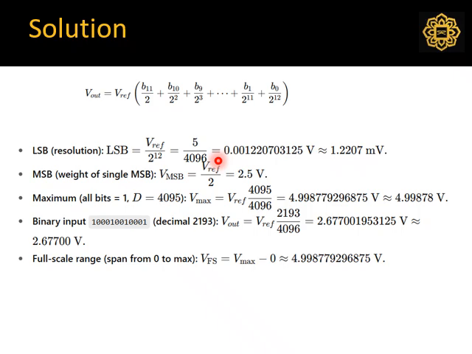Only the least significant bit on will give you 1.2207 millivolt. And if it is the most significant bit, then it would be half of the voltage. Sorry, there should be a minus. And with all bits on, it would be around 4.99878. The binary input you can just convert, deciding which bits are turned on and off. And the full scale range is max minus min. This is the case.